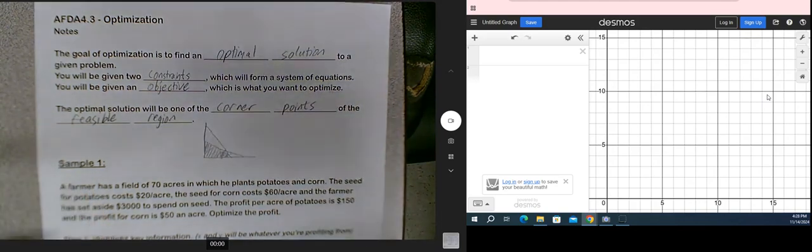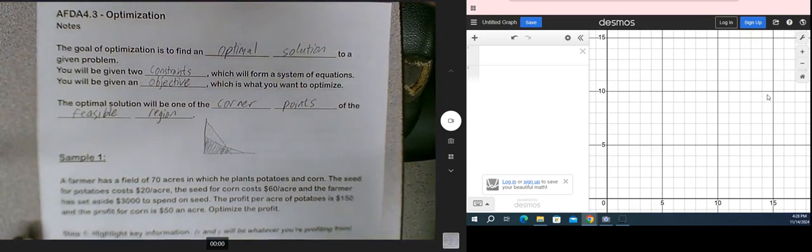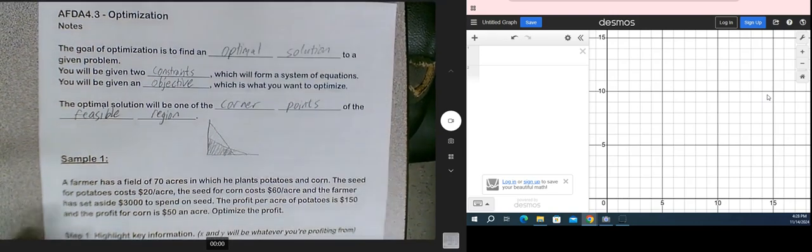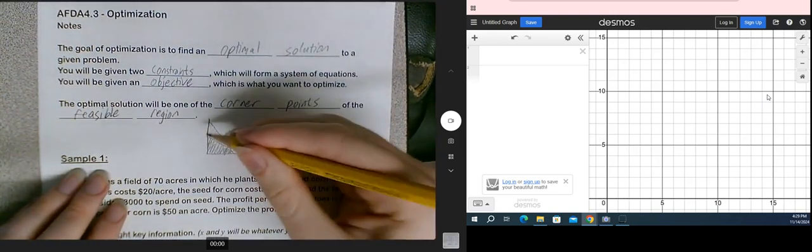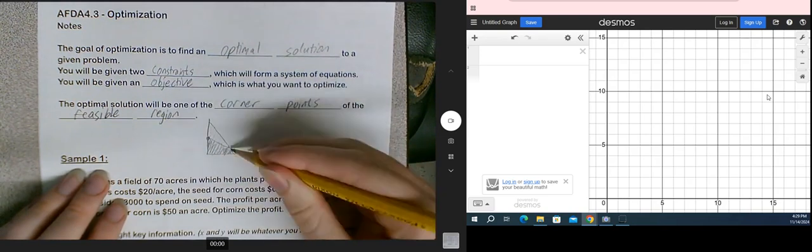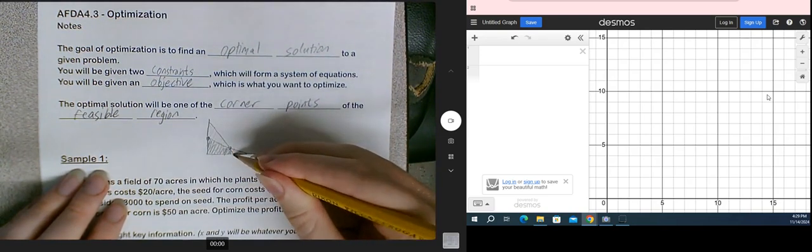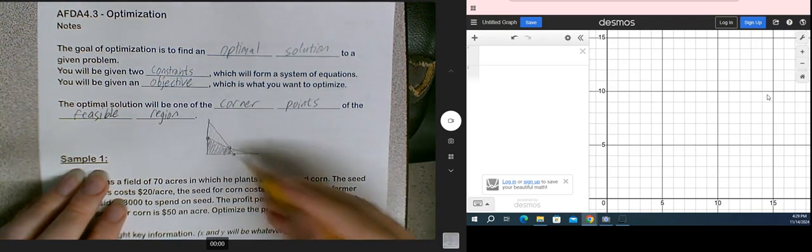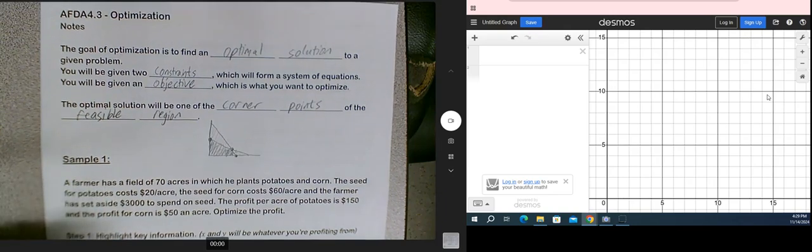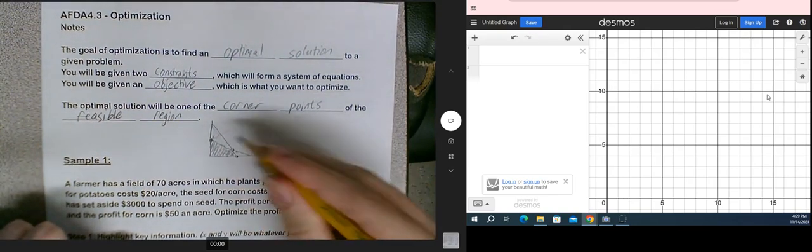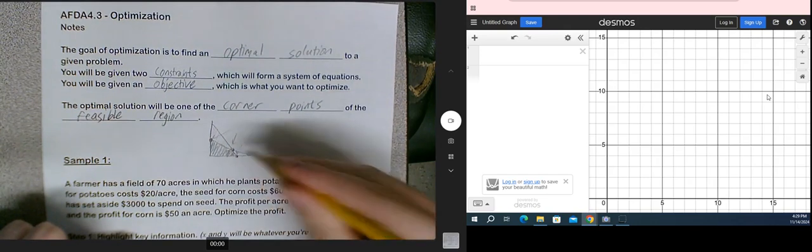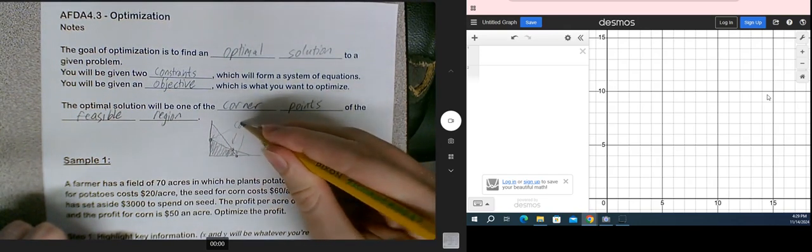And the corner points, let me see if I can improve the quality of this part. Okay, so the corner points are going to be the points on the boundaries of this double shaded area, of this feasible region. So these are the corner points in this particular illustration.